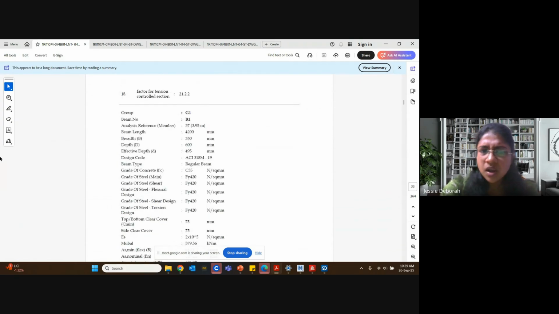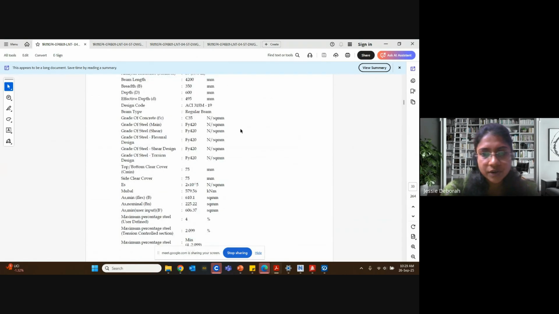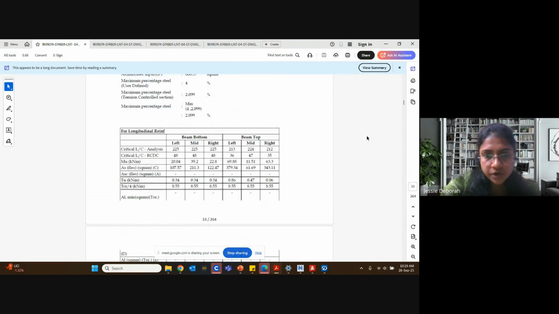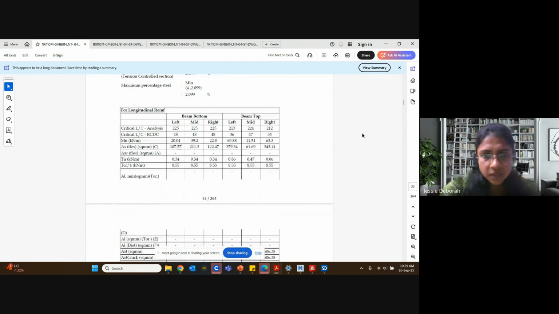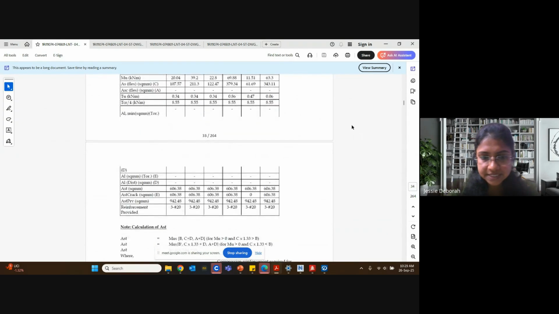It's just like whatever Satya ma'am is teaching you, that is what we are using. What basic things we change are the load combinations, which you will not have an idea about yet, and the clear cover. After changing, this will itself give us the beam bottom and beam top details.